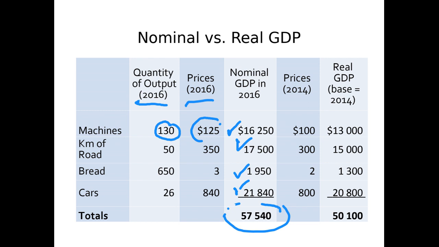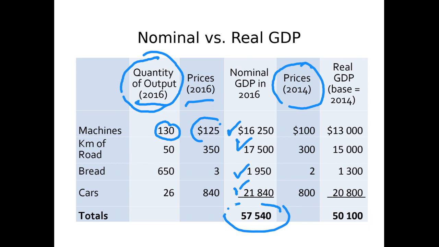Now, if I value these goods and services produced in 2016 with the price in 2014 instead of the current market price of 2016, notice that in 2016 prices are higher.